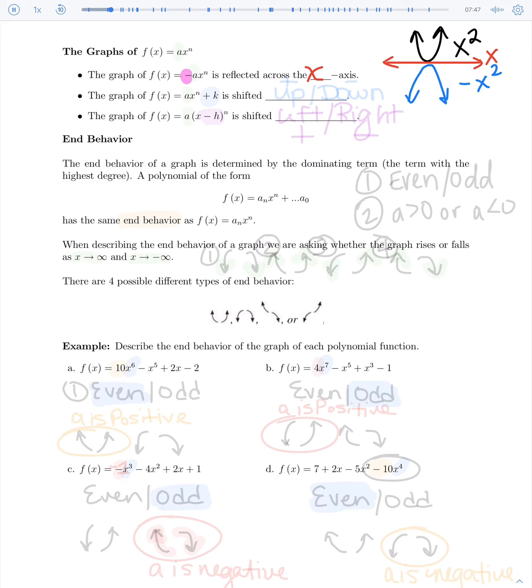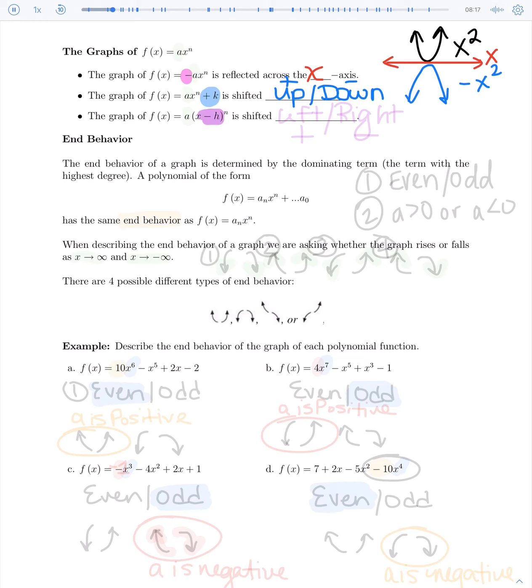We've also talked about this. When you have a plus or a minus on the outside of your exponent, what happens is that shifts you up or down. So it's shifted up or down depending on if it's positive or negative. Remember, if it's positive, it's going to shift you up. If it's negative, it will shift you down. We also could have a number on the inside of our exponent.